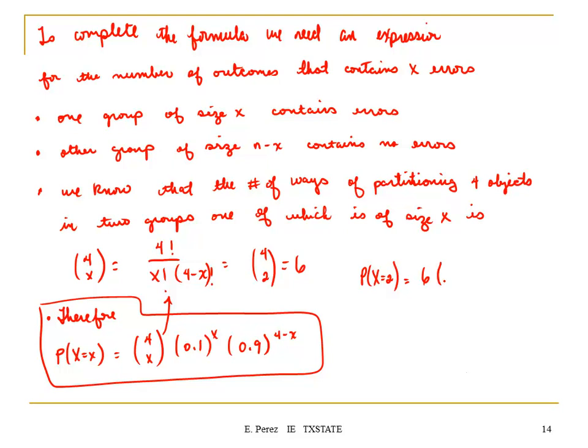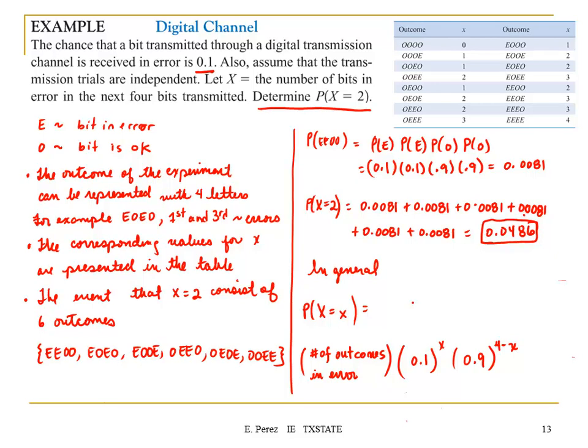So it's 6 times 0.1 squared times 0.9 to the power of 4 minus 2, and that equals 0.0486, which is the same result that we obtained here.